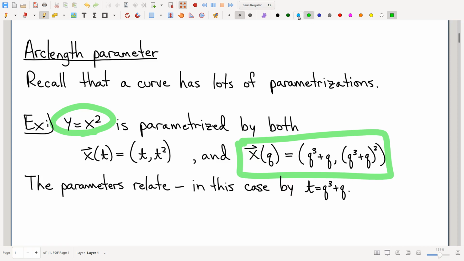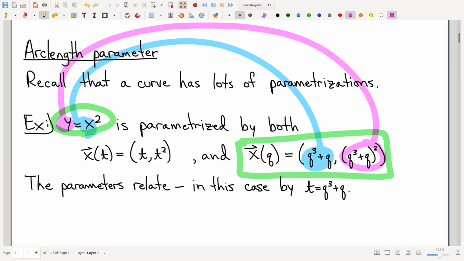But just notice that if you plug this in for x, and if you plug this in for y, sure enough, y is, as it's supposed to be, x squared. So this satisfies the equation too. What an odd choice.